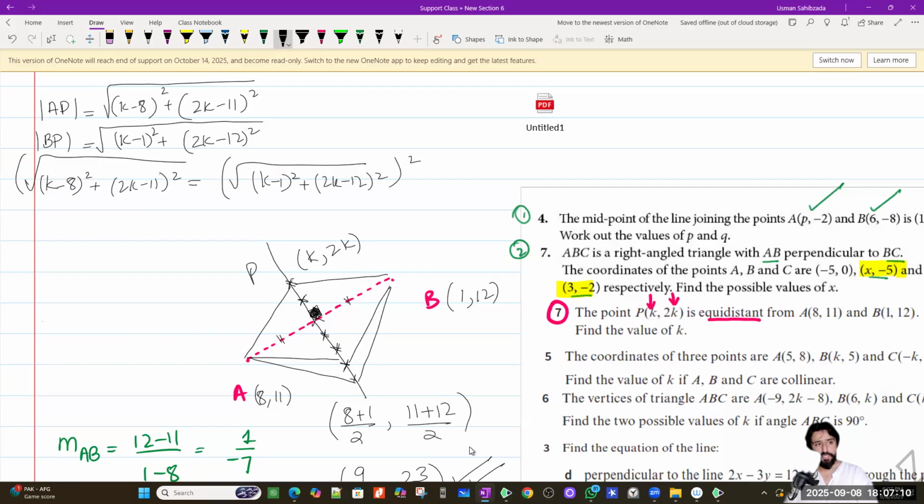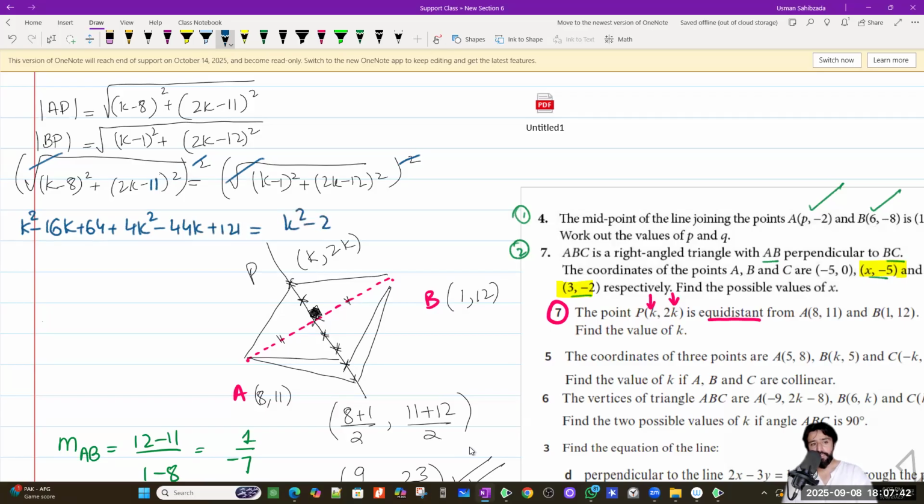So you square both sides. When you square both sides, the square root cancels. You have to show this on the exam. You can't just randomly ignore stuff. K minus 8 squared, if you've forgotten, is a minus b whole squared, which is a squared minus 2ab plus b squared. Similarly, 2k gets squared, multiplied 2ab, 2 times 2k times 11, that's the negative 44k, plus a 121.